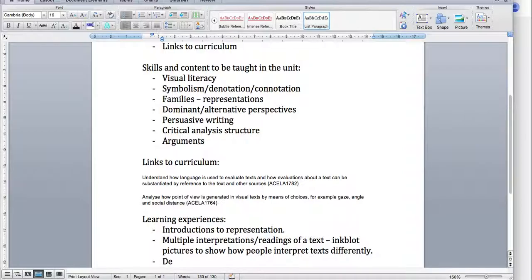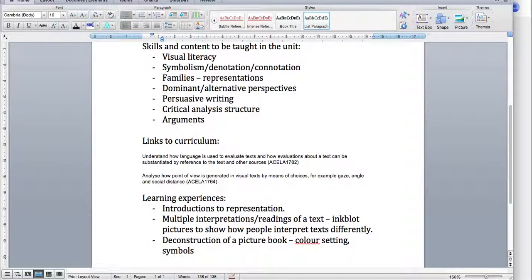You could do a deconstruction of a picture book. You could look at things like the colour, settings, symbols. And then we could look at dominant readings of a book.